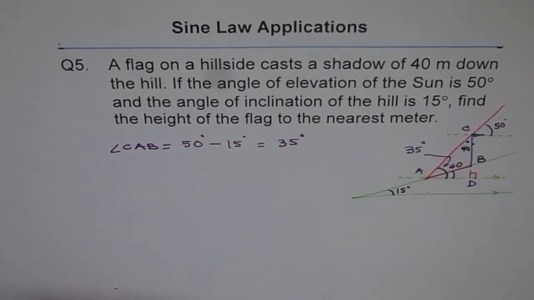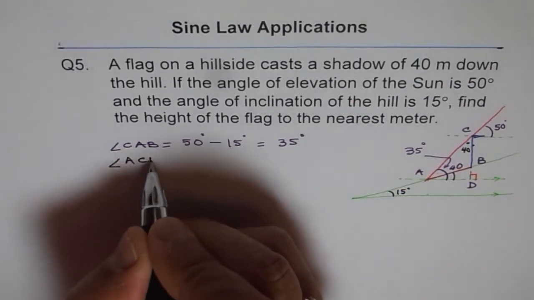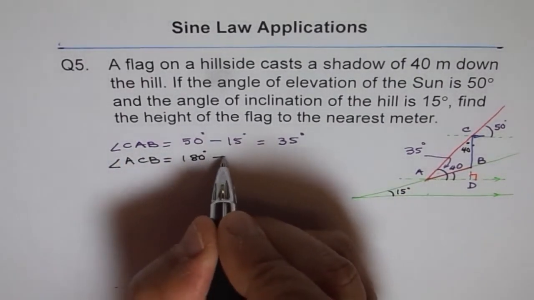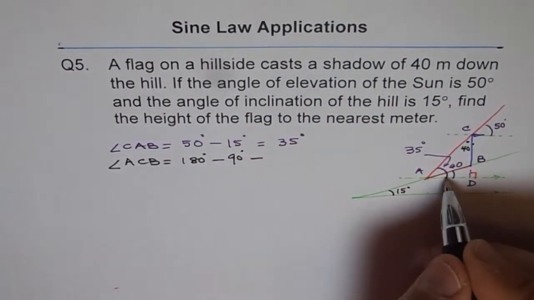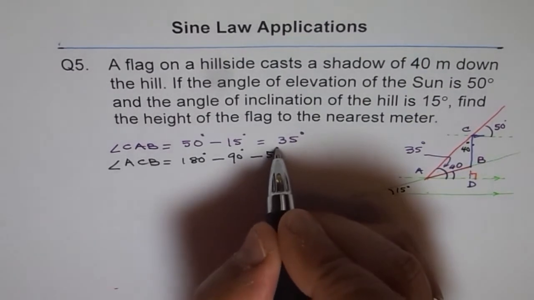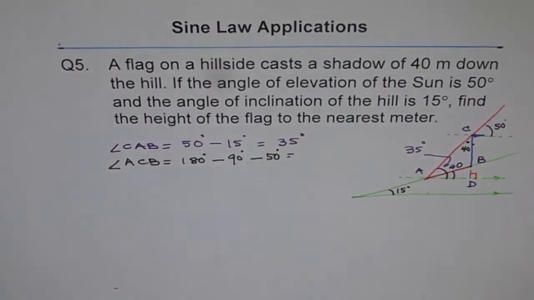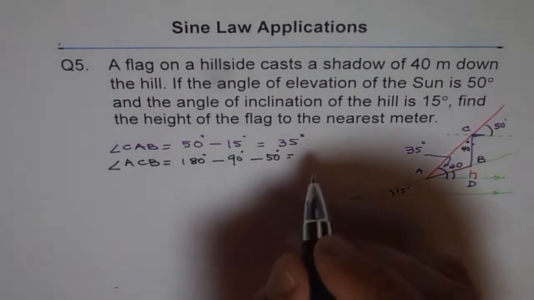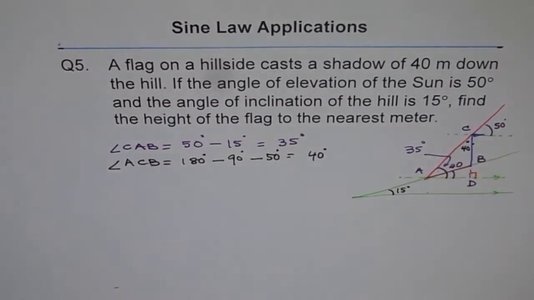So angle ACB is 180 degrees minus 90 degrees minus 50 degrees, which is angle C, 40 degrees. So we know this angle.